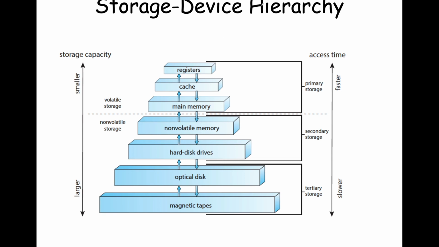So the fastest storage that you can have is inside the CPU, namely the registers. And these registers are typically used for intermediate values. So when you have a computation that says something like A equals B plus C, when you do the adding of B plus C, that result has to go somewhere before you assign it to A. Where does it go?